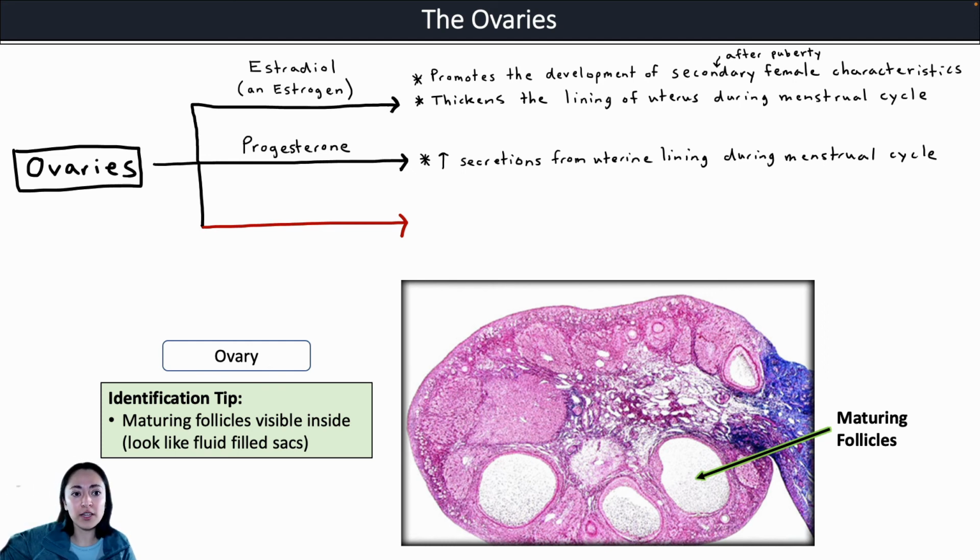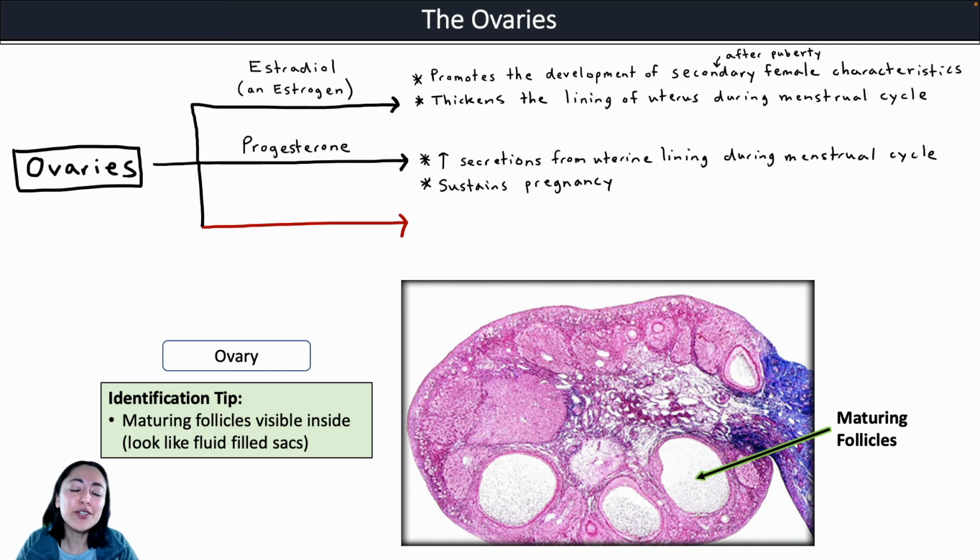And then after estradiol levels increase, progesterone levels are going to increase in the body, and that's going to increase secretions from the uterine lining prior to implantation of the fertilized egg. Progesterone, that word means progestation. So progesterone is really important in sustaining pregnancy. Again, it's triggering the uterus to provide nutrients to the growing embryo, especially in the early stages of pregnancy.